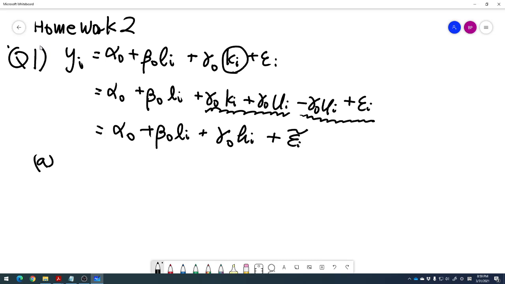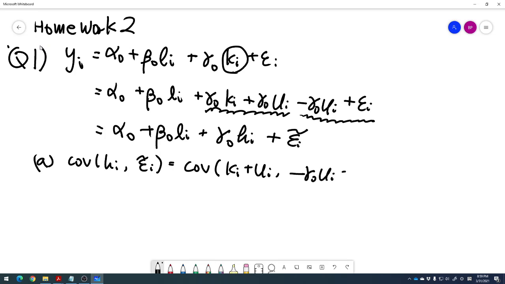they are correlated. So covariance between Hi and epsilon tilde i can be calculated. Covariance of Ki plus Ui, and minus gamma 0 Ui plus epsilon i. And by the assumptions, K is uncorrelated with U, K is uncorrelated with epsilon, and U is uncorrelated with epsilon.